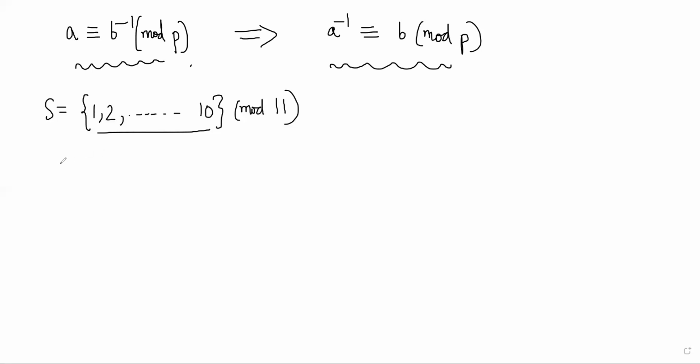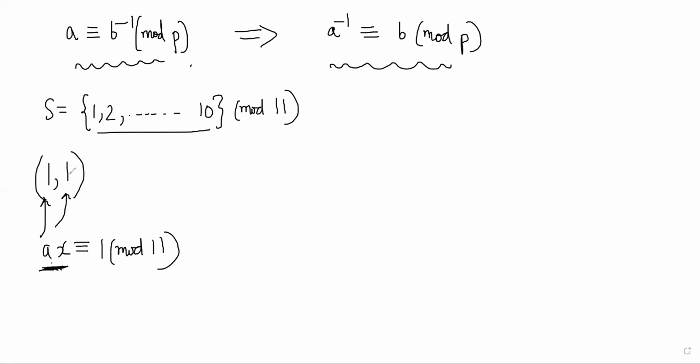For example, 1 and 1. 1 is the inverse of itself because AX is congruent to 1 mod 11. If A is 1, X will also be 1.